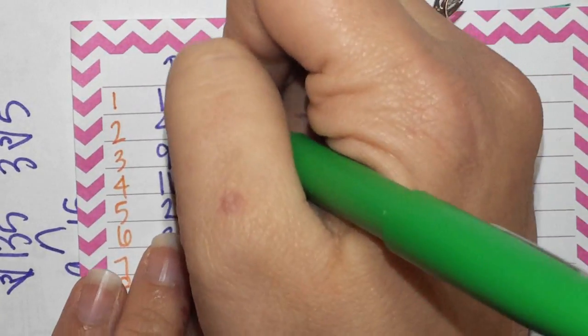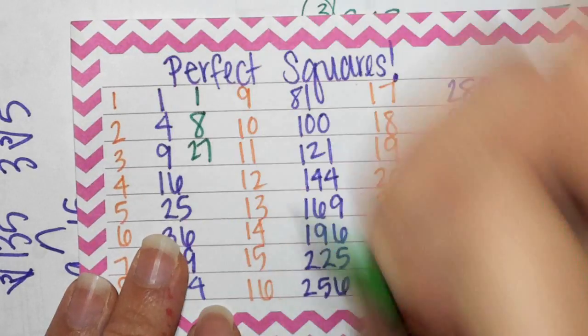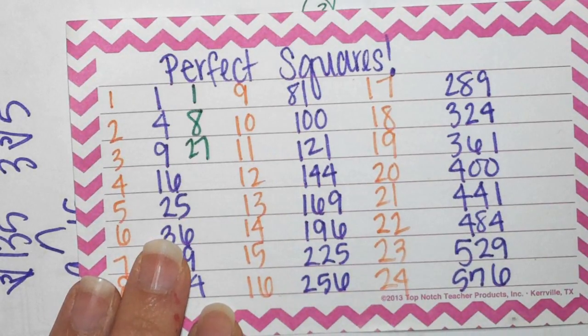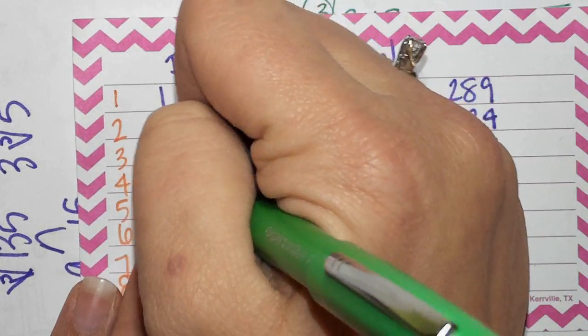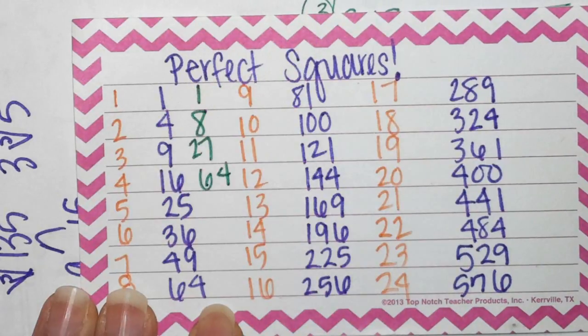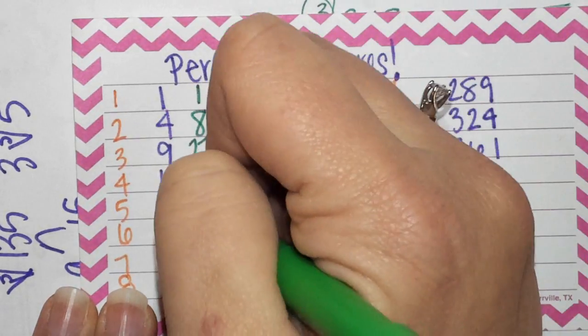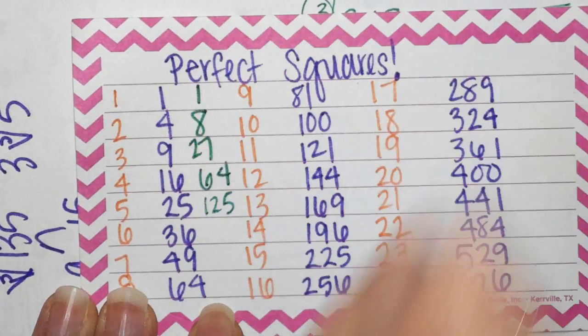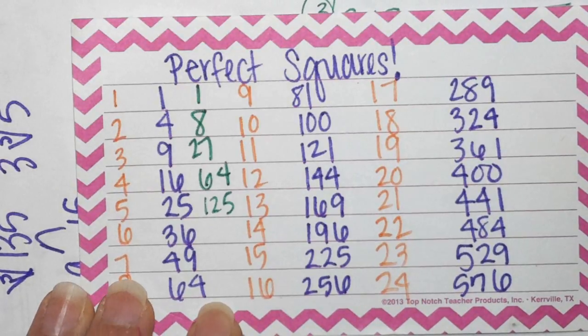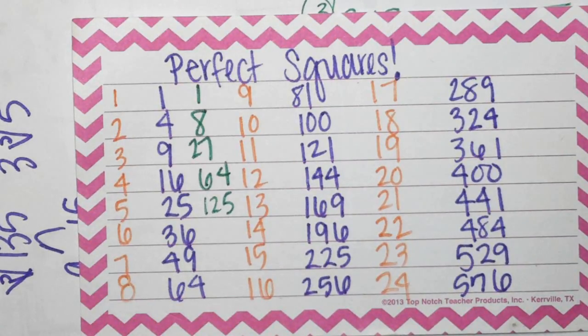Alright, so 1 cubed is 1. 2 cubed is 8. 4 cubed is 64? Yeah. Four cubed, it is. 16 times 4 is 64. 216.